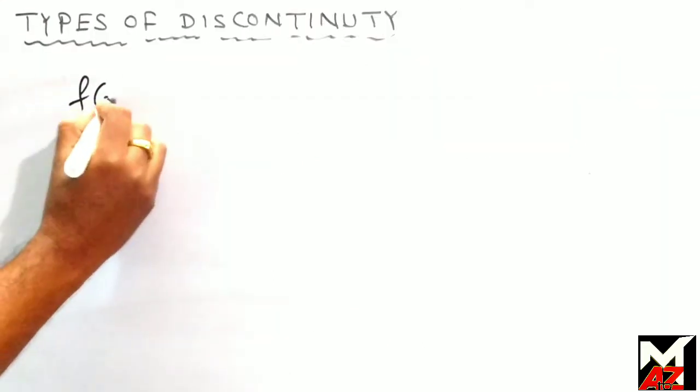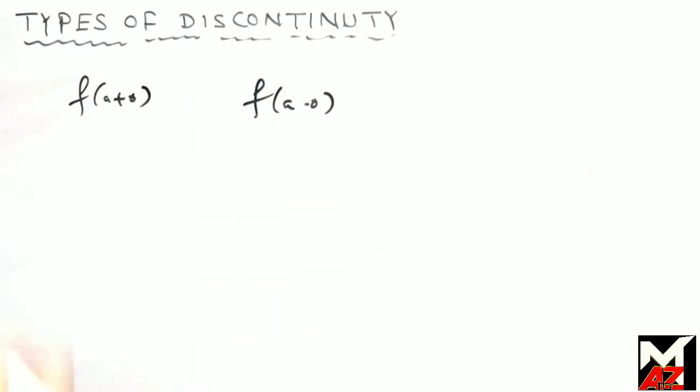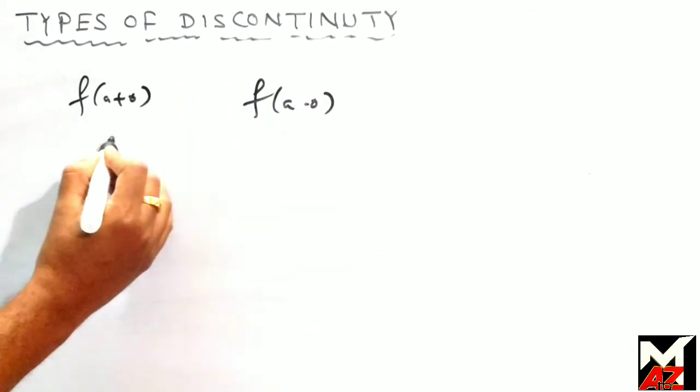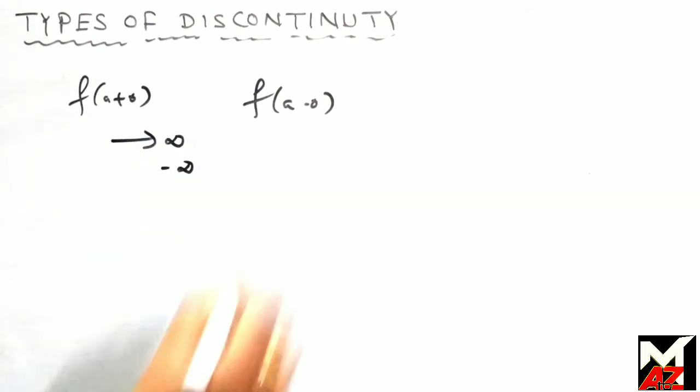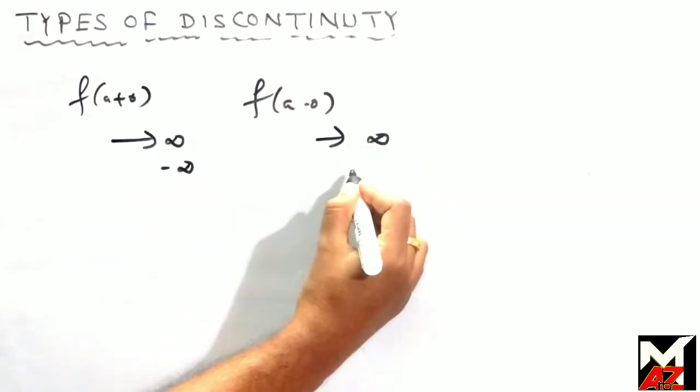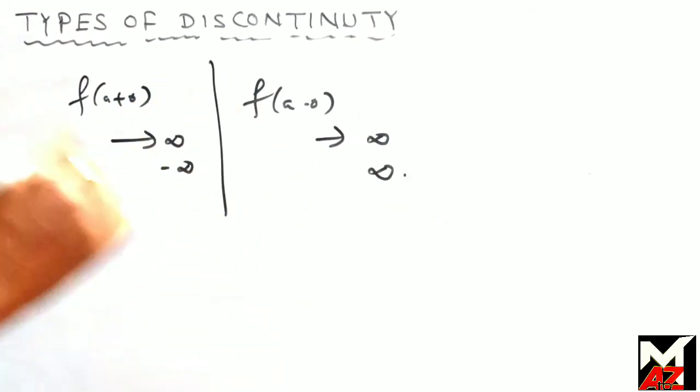If f(a+0) or f(a-0) tends to infinity or minus infinity, then this type of discontinuity is called infinite discontinuity.